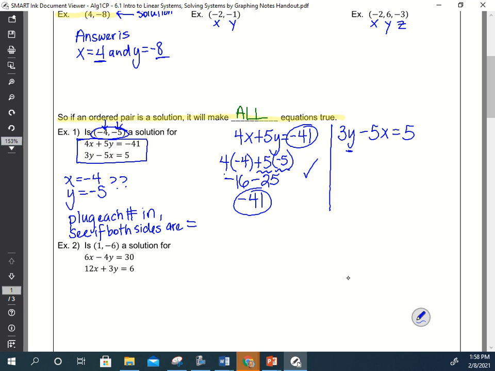So y is -5. So 3 times -5 minus 5 times -4. Same rules apply. So we need to get an answer of 5. 3 times -5 is what?